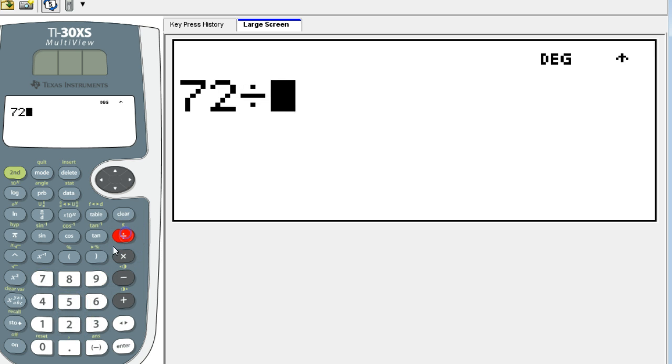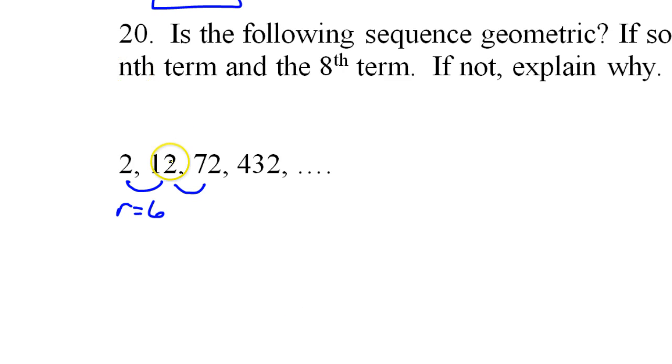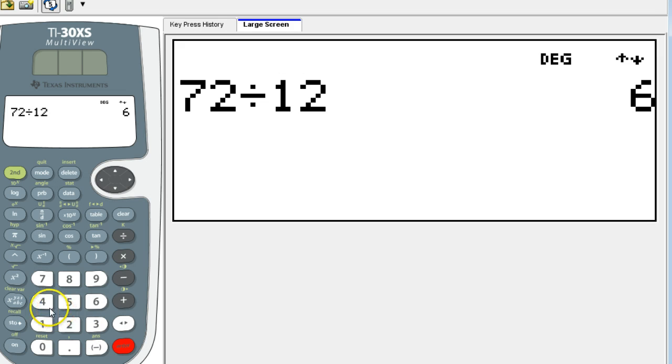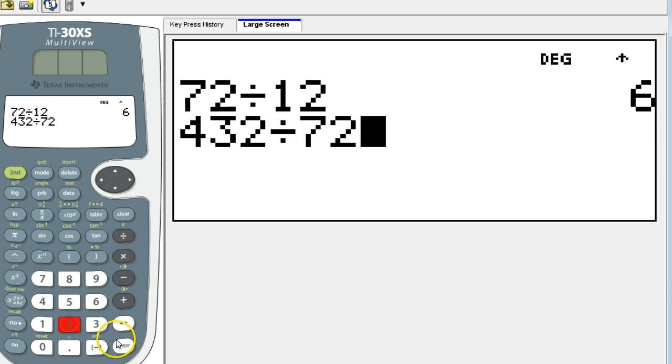That is also going to be 6. Okay, so far so good. Now what about these two? If I do 432 divided by 72. Oh look, 6 again.